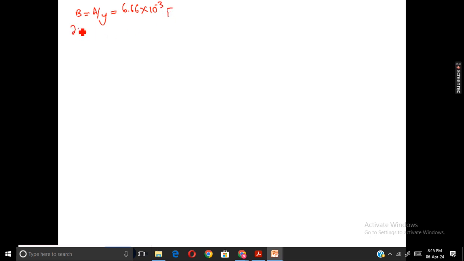Now we want to find dou B by dou Y, which by differentiating this we will get minus A by Y square, which is equal to minus 2 into 10 raised to 4 divided by 3 into 10 raised to 6 the whole square. Please do calculate.